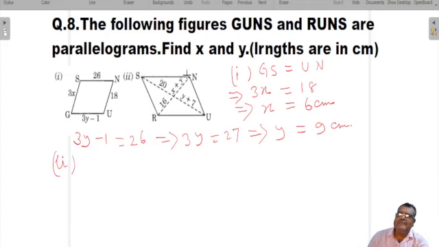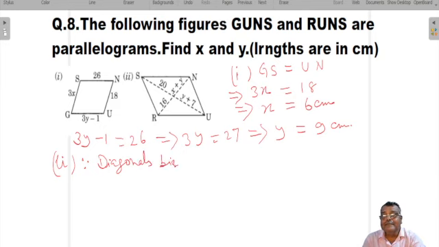Since diagonals of a parallelogram bisect each other, y plus 7 is equal to 20.